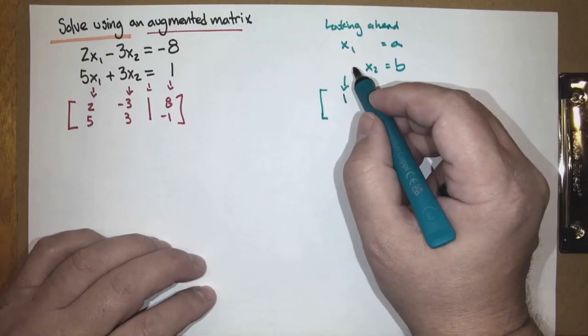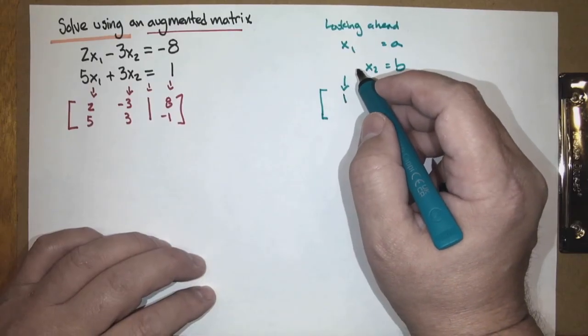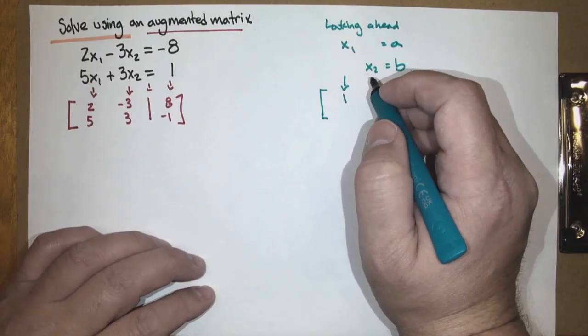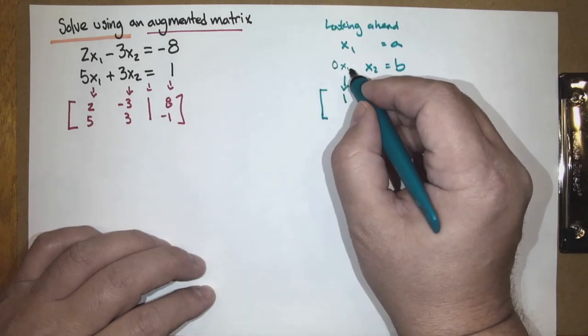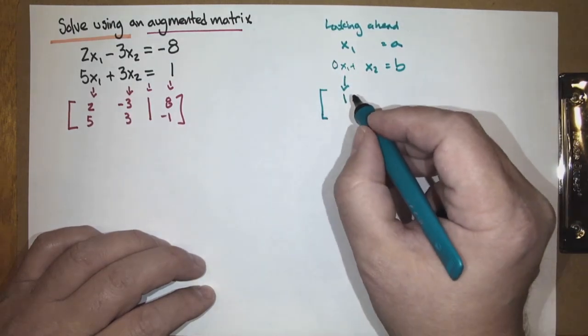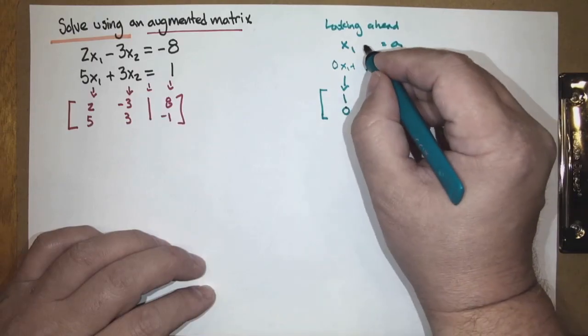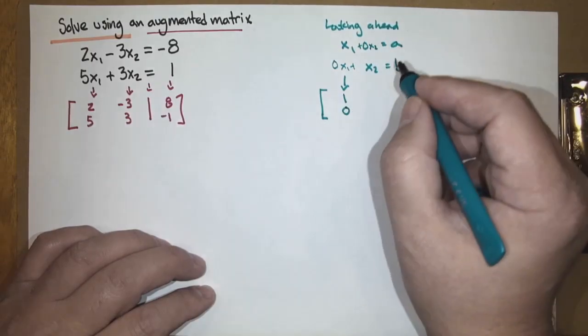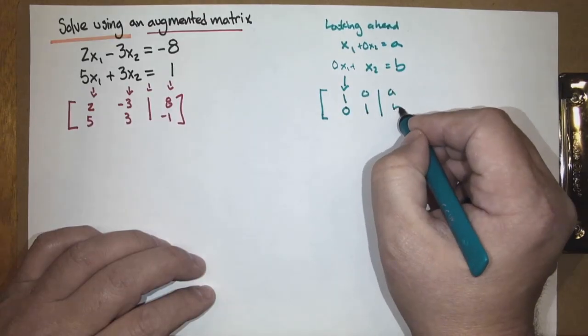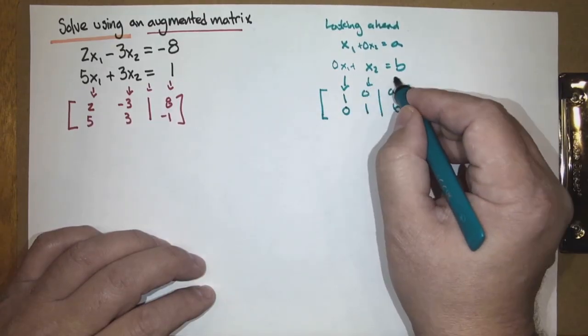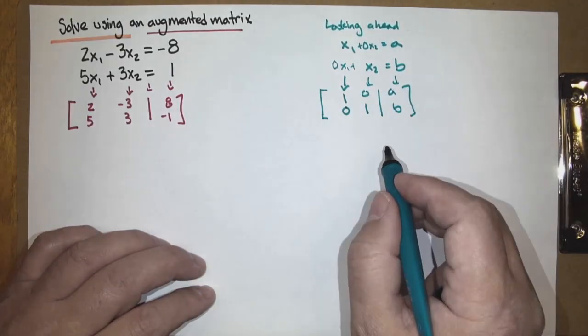You might say, but Steve, there's a problem. There is no x1 in the second equation. There is. There's always a hidden x1 called 0x1. And so, you put a 0. And similarly, it's 0x2 and 1x2, then a and b. So, this is what a solution looks like.